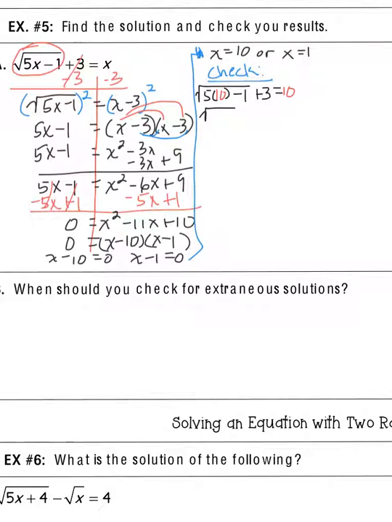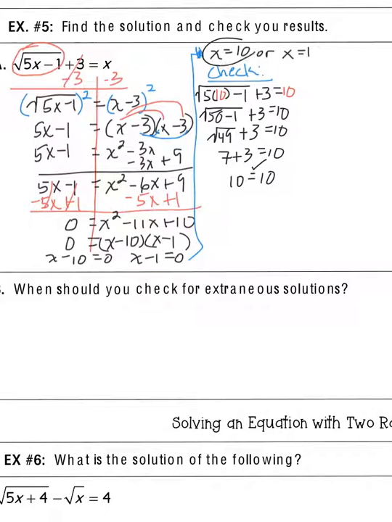So I get the square root of 50 minus 1 plus 3 equals 10. The square root of 49 plus 3 equals 10. Square root of 49 is 7 plus 3 equals 10. And 10 equals 10, that checks, so this is a good solution.